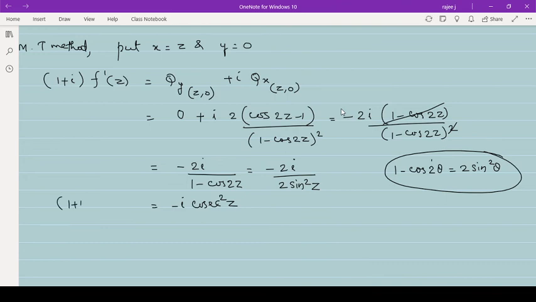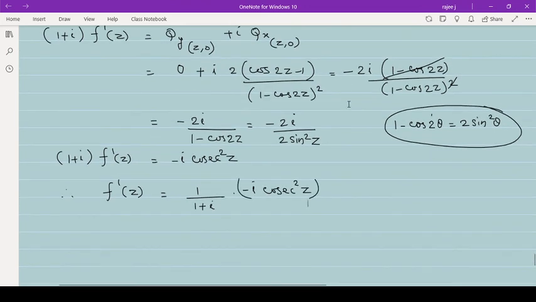So this is our 1 plus i f dash of z. Therefore, f dash z is equal to 1 upon 1 plus i into minus i cosec square z, where 1 plus i is taken to the denominator.